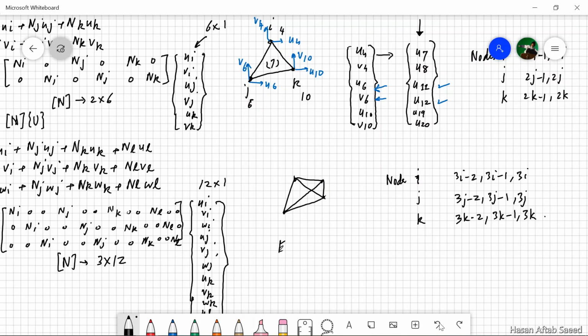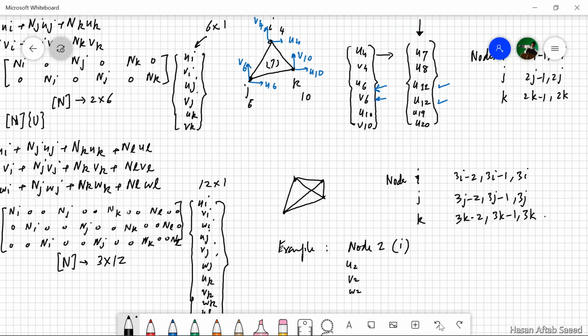Let's take an example. It's node number 2, which is node I for a certain element. Now, according to the original notation, the displacement components for this node are u2, v2, and w2. It's just about one node here. But what do these displacement components become in the alternate notation?